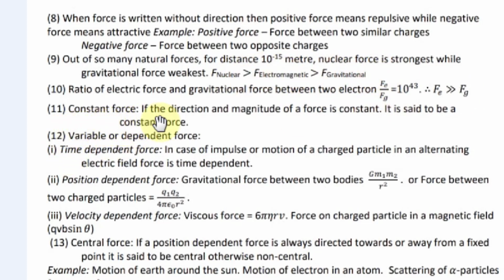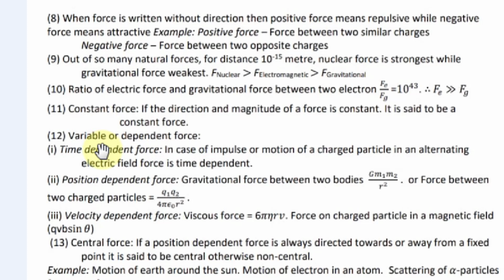Next, constant force. If the direction and magnitude of a force are both constant, then that type of force is known as constant force. Next, variable or dependent force. Here we read constant force, now here is variable force.